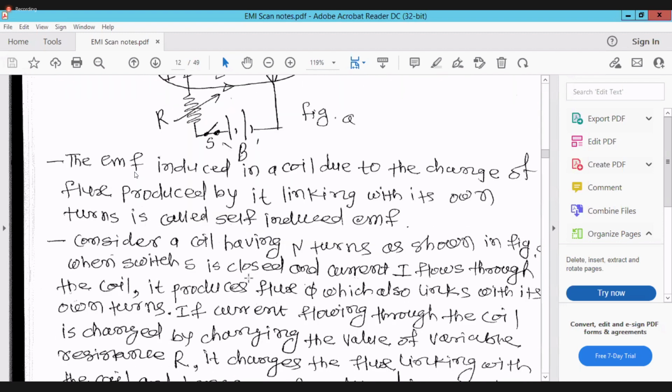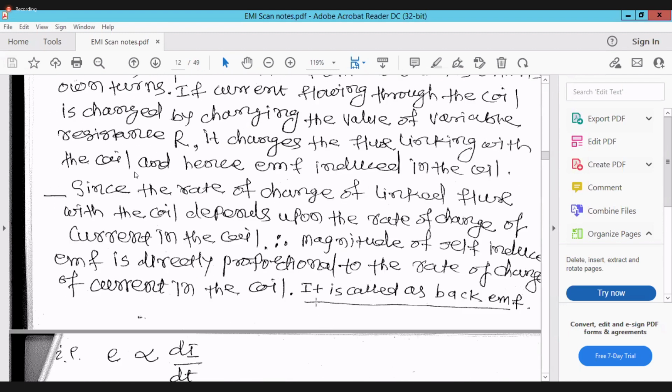That's why this self-induced EMF is called back EMF.